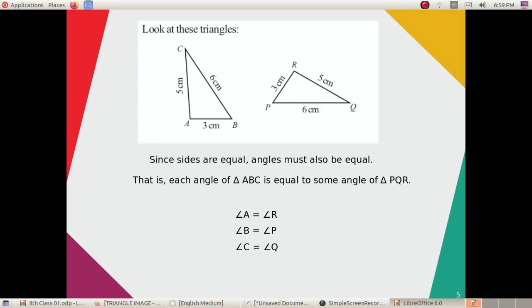Considering their opposite angles, you can see angle C and angle Q are equal. That is, triangle ABC and triangle PQR have the same sides and also the same angles. And you can identify these equal angles by looking at their opposite sides.